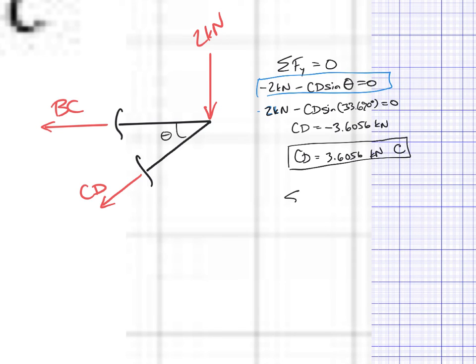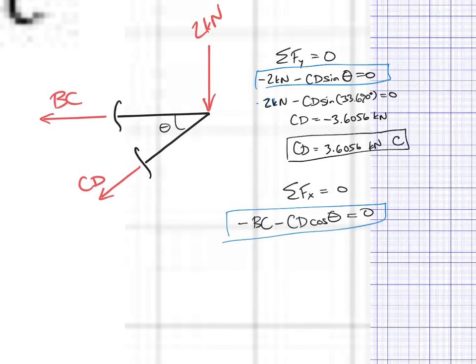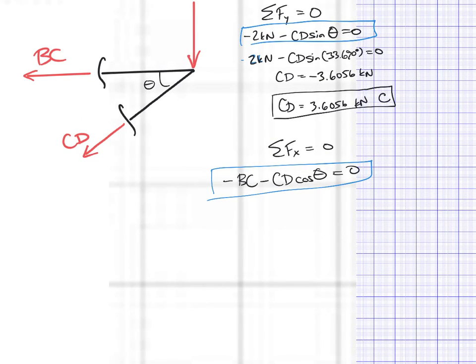We'll do the x direction. Sum of the forces in the x direction equals 0. Okay, negative BC minus CD cosine of that angle, like that. Again, there's your 3 points. Is BC known? Do I know BC? I do know BC. That's interesting.